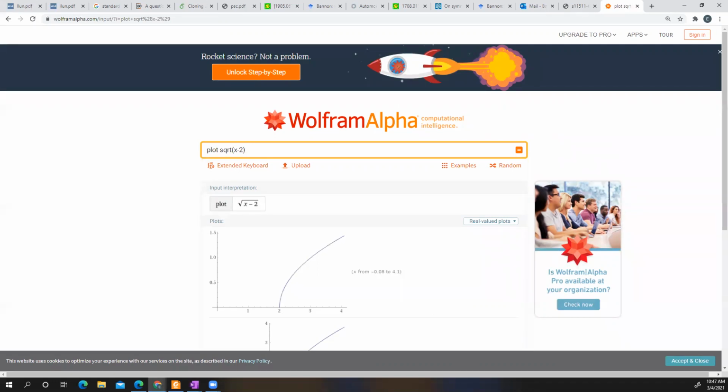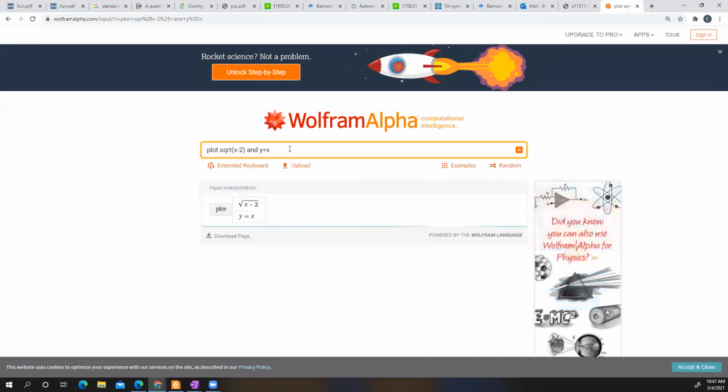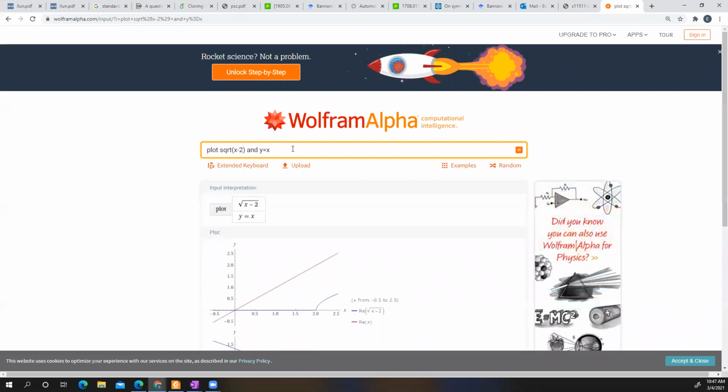Again, you have to worry about the domain. If you go through the work, you can show that the inverse of it is x squared plus 2.